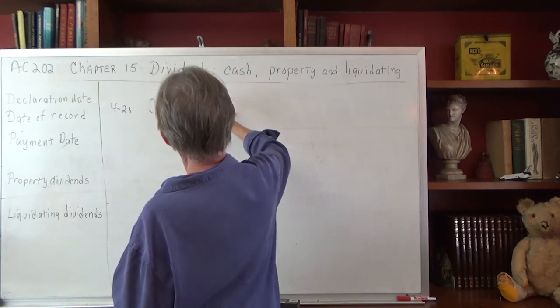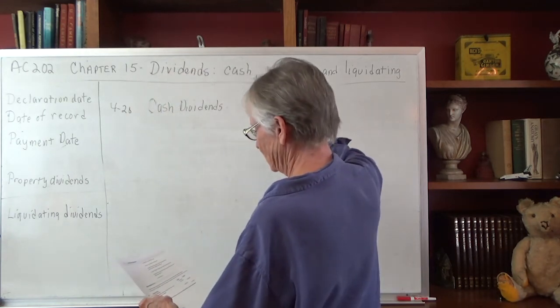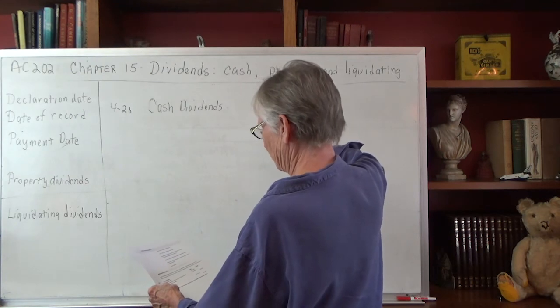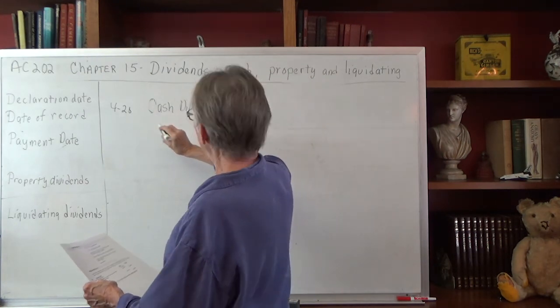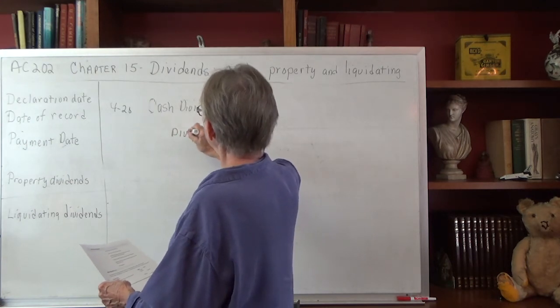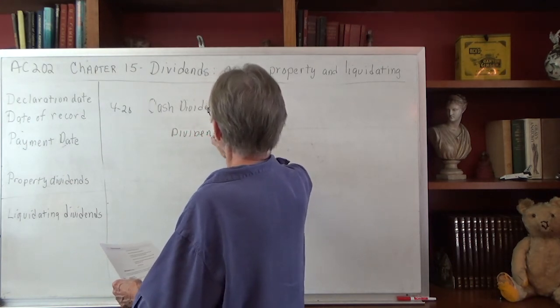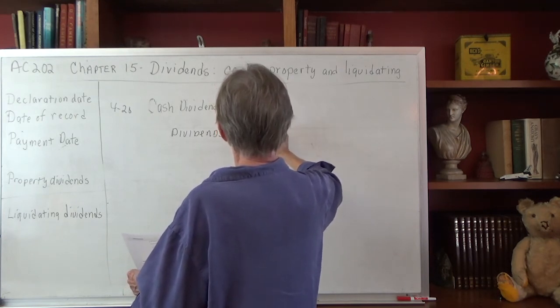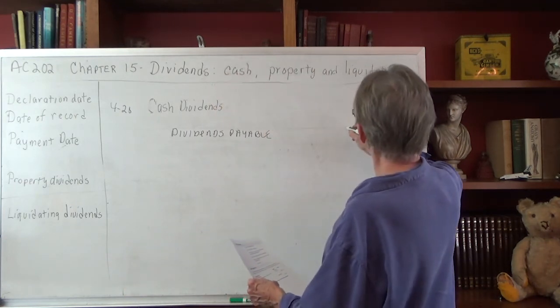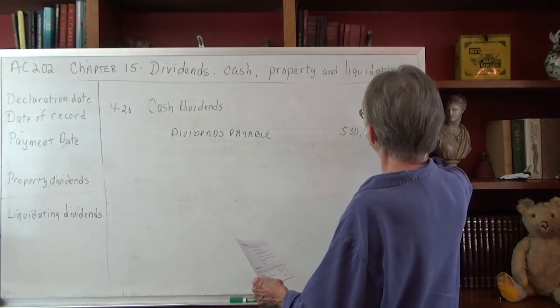So we got cash dividends, and the total amount, well, we'll hold off on that for a minute. We're going to have dividends payable of $500,000 altogether.